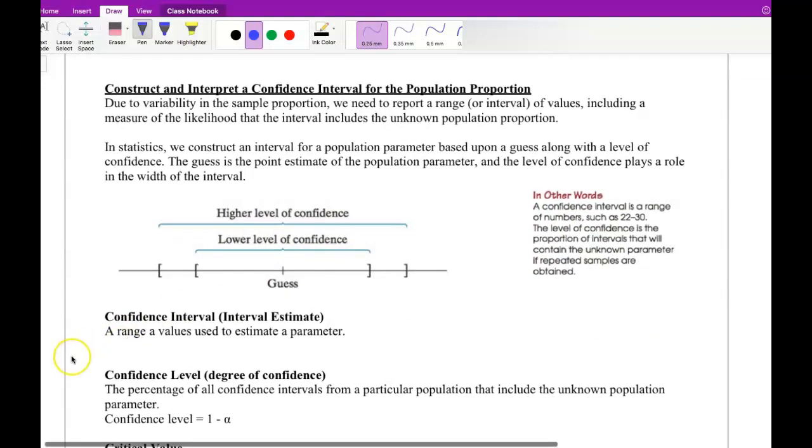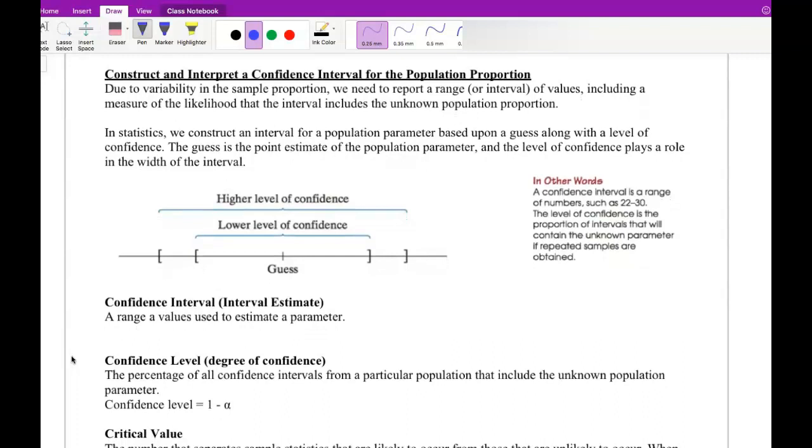Now on this part, construct and interpret a confidence interval for the population proportion. What we have here is this single point as the point estimate.